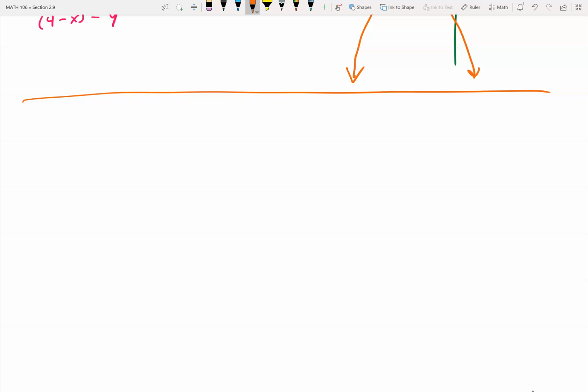And this is not a long homework assignment. For the end of section 2.9, I already took a picture of them. They're already on D2L. It's just 5 problems. It's 29, 31, and then for 43 through 47 odd, I want you to do parts A and B only.